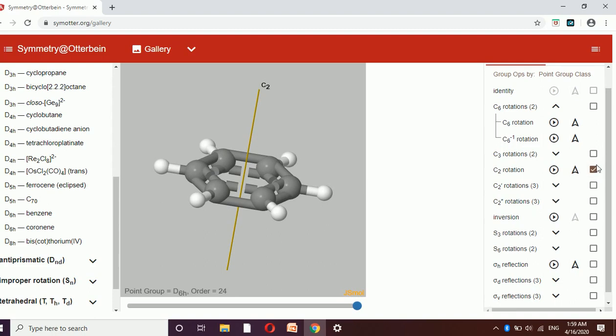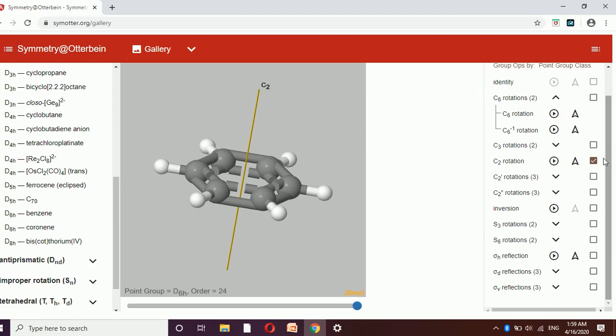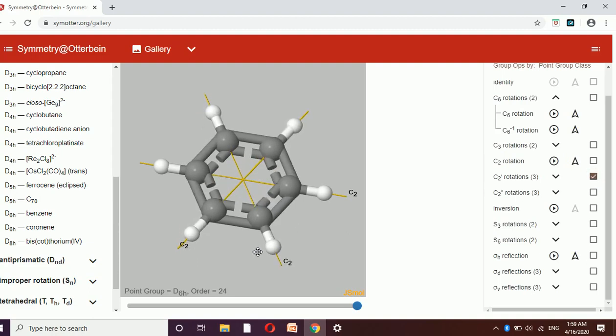That is, C6 cubed is equal to C2. I was actually looking for another C2 axis. Yeah, it's here. You see, I have chosen 3 C2 axes. They are all passing through 2 carbons and 2 hydrogens.